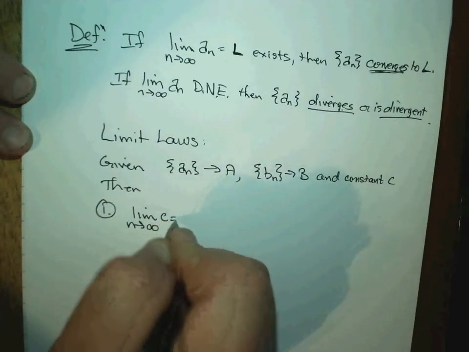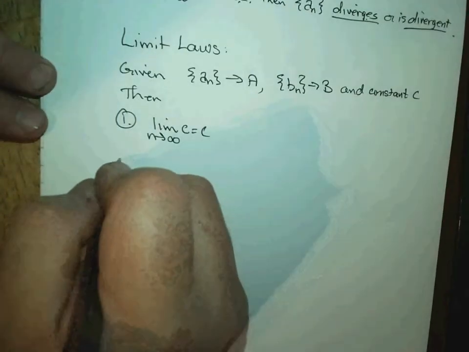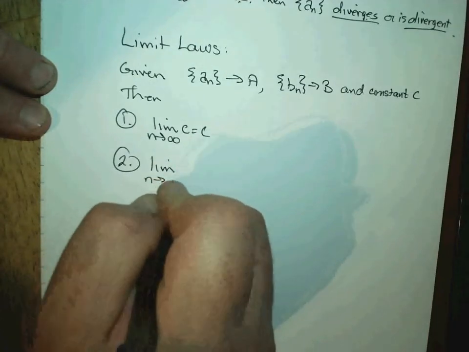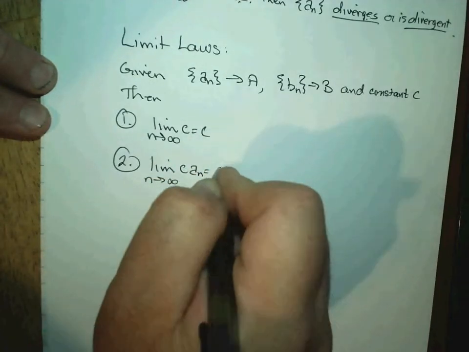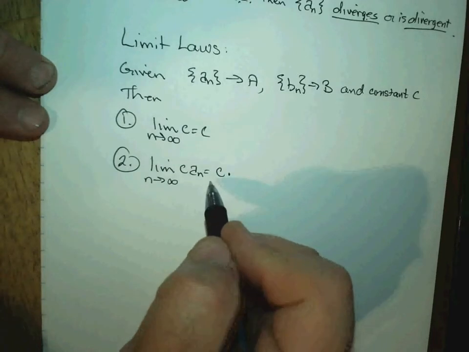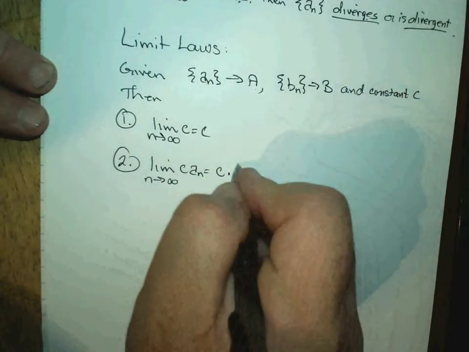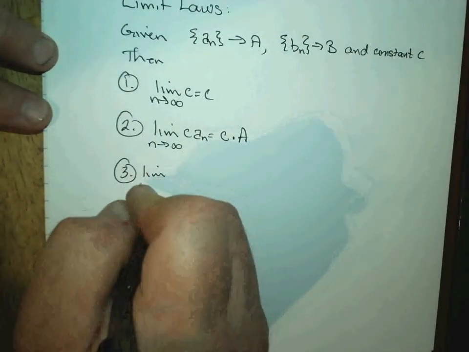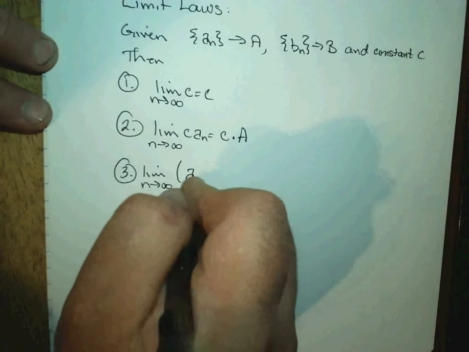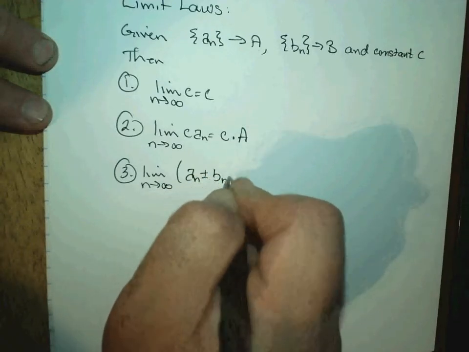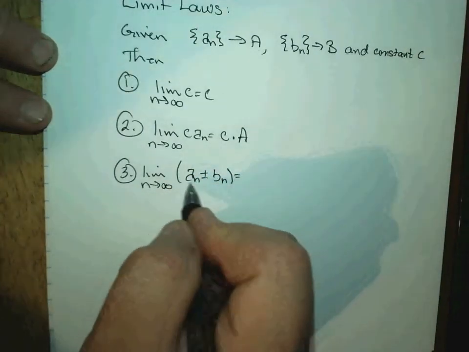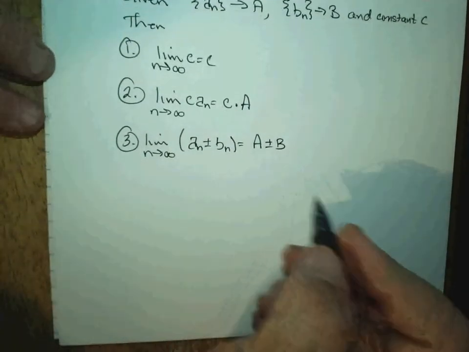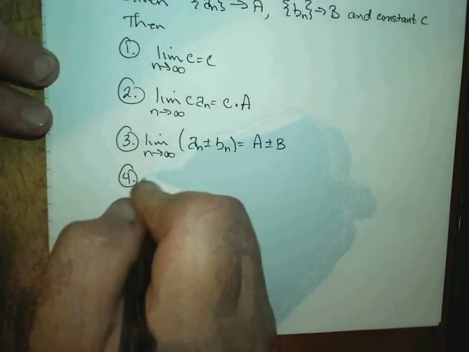The limit as n goes to infinity of that constant value is that constant value C. You know that the limit as n goes to infinity of C times A sub n is C times the limit of A sub n, and the limit of A sub n is A, so C times A. You know that the limit as n goes to infinity of the A sub n sequence plus or minus the B sub n sequence is the limit of the first one plus or minus the limit of the second one, and therefore A plus or minus the B value.